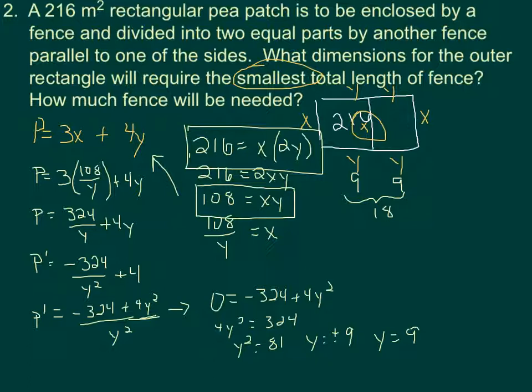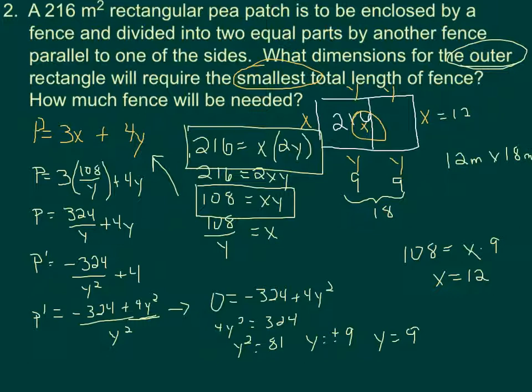Okay, so 108 equals x times 9. And so when we divide, then x is going to equal 12. So what we've got is that the dimensions of our outer fence, because that's what the problem asked for, the dimensions would be 12 meters by 18 meters. And that would answer the first question.